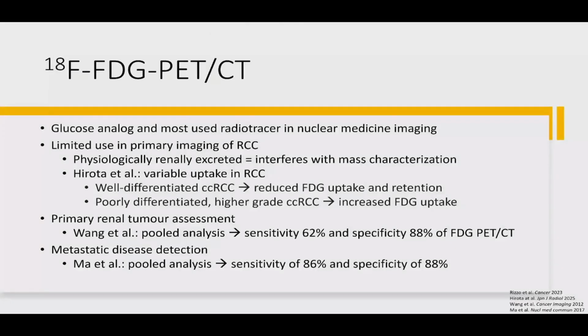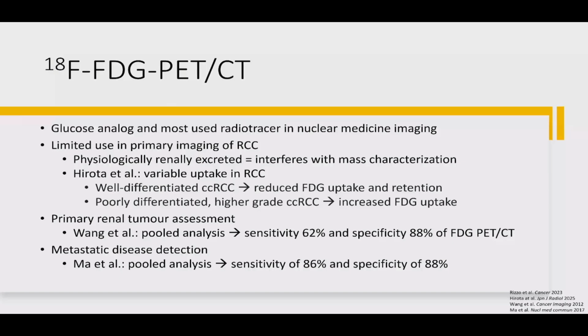First, we'll talk about FDG PET. So FDG is a glucose analog and the most used radiotracer in nuclear medicine. In RCC, its use is limited as a primary imaging tool because physiologically it is renally excreted, which can interfere with mass characterization.